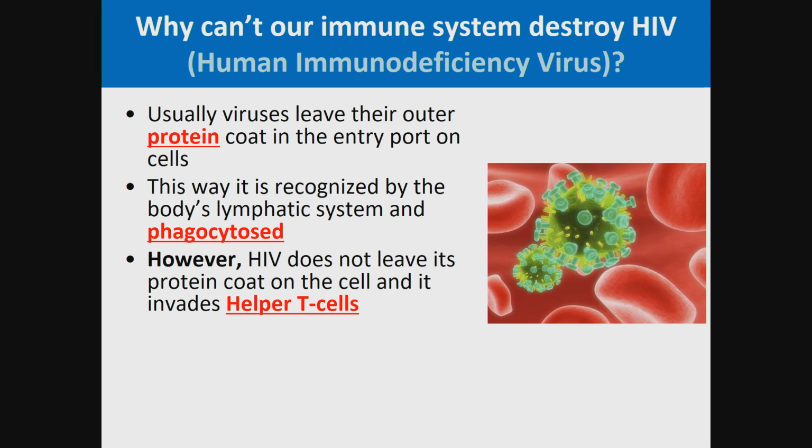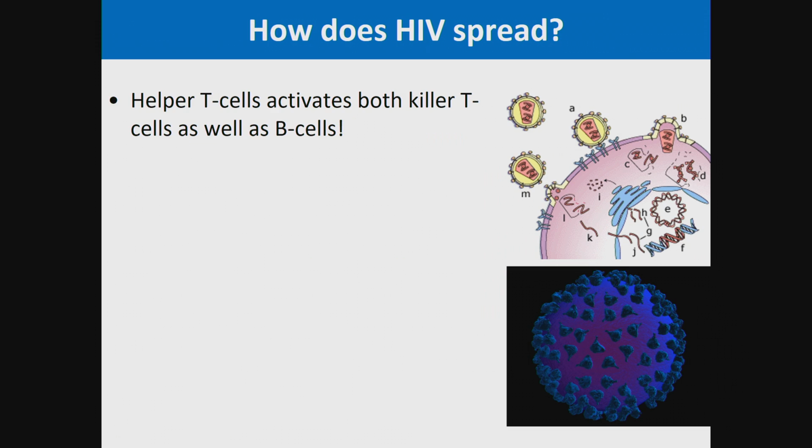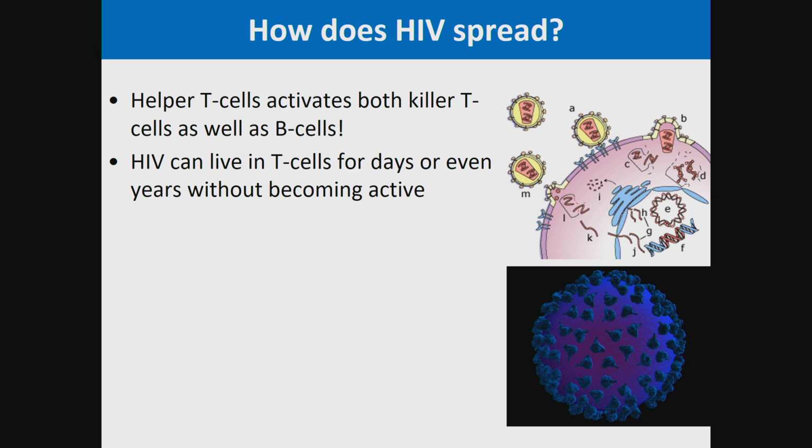However, HIV does not leave its protein coat on the cell, and it invades helper T cells. Helper T cells mistake the virus for a needed substance and phagocytose it, allowing the virus to enter the white blood cell. Helper T cells activate both killer T cells as well as B cells.